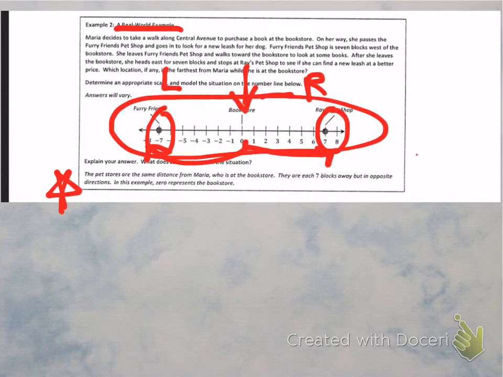Something like, the pet stores are the same distance from Maria who's at the bookstore. They are each 7 blocks away, but in opposite directions. And then in this example, 0 would represent the bookstore. Okay, so number lines, distance. If the distances are the same in the opposite direction, those are considered opposites.